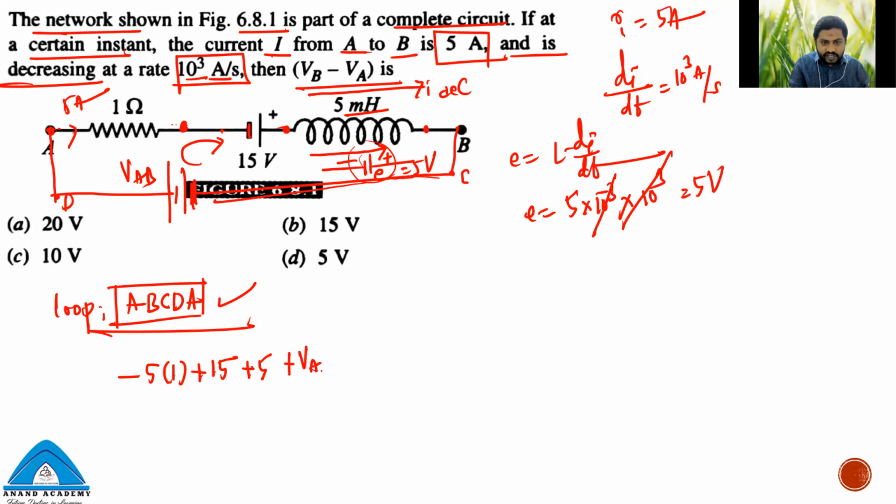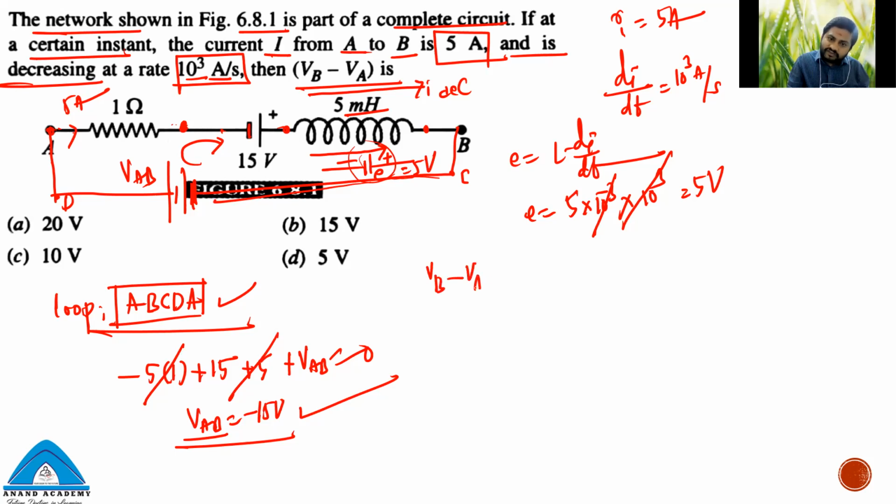That means plus VAB is equal to 0. Minus 5 plus 5 cancel, and VAB is equal to minus 15 volt. But that's not the answer. Our answer is VB minus VA. So this is VA minus VB. Okay, so VB minus VA is equal to 15 volt.